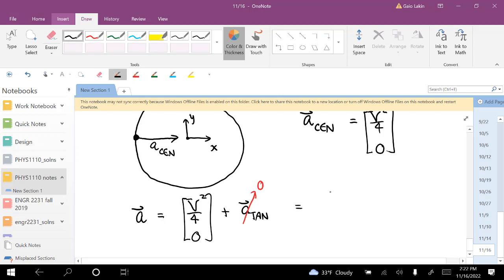So you just get back v squared over 4, 0. And for now, that's all we can say about the acceleration. We don't know anything about that speed. So now we'll go on to the next step, which is a free body diagram and Newton's second law.